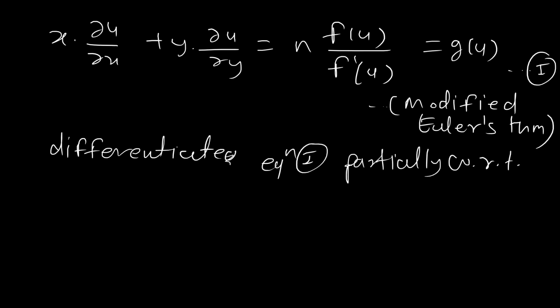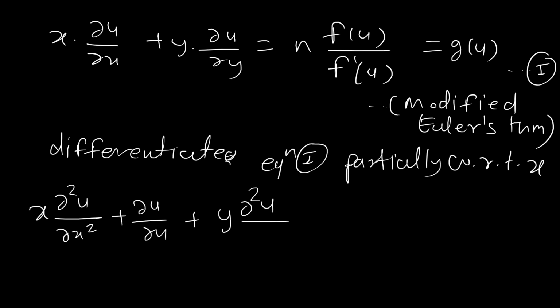with respect to x. Again we can see that this is a product of two functions of x, so its derivative will be x times dou 2u by dou x square plus dou u by dou x plus, while differentiating partially with respect to x, y will be treated as constant and dou u by dou y may contain a term of x, therefore its derivative will be dou 2u by dou x dou y.